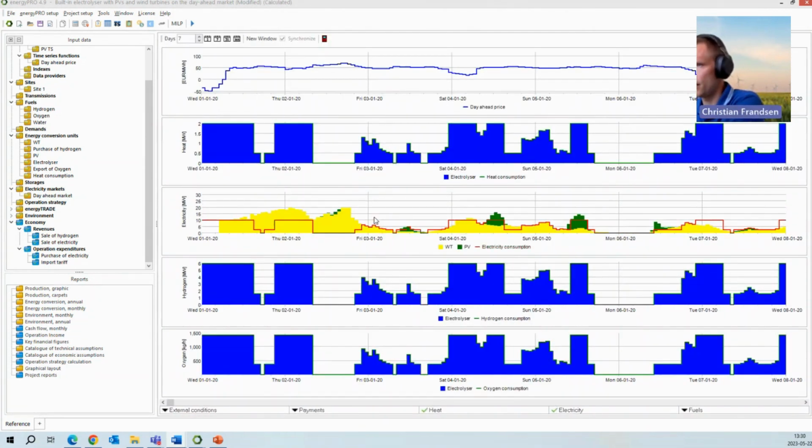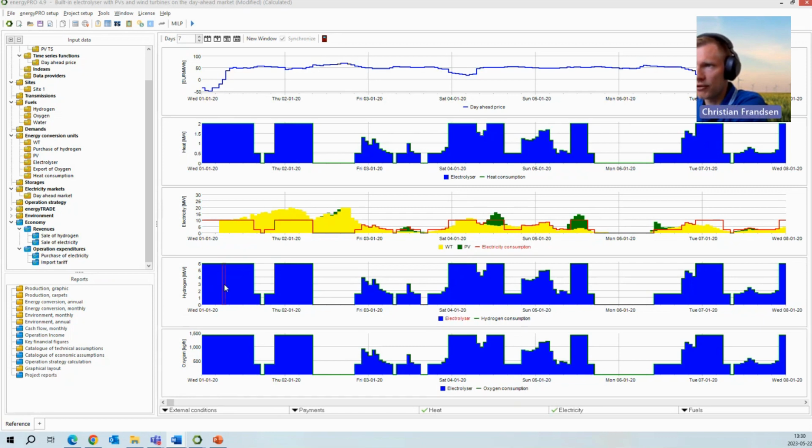So here we can see the heat output in this graph. We can see the electricity consumption. It follows the overall operation of the electrolyzer. We can see the wind turbines is the yellow area, and the PVs that's the green area.